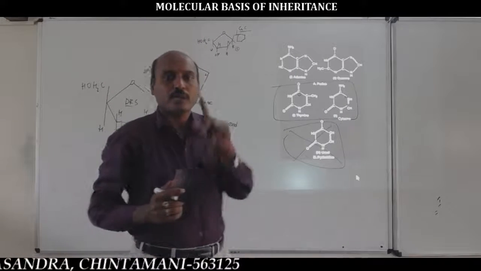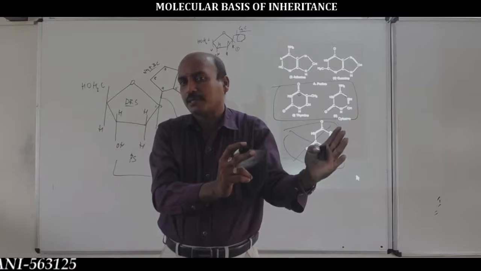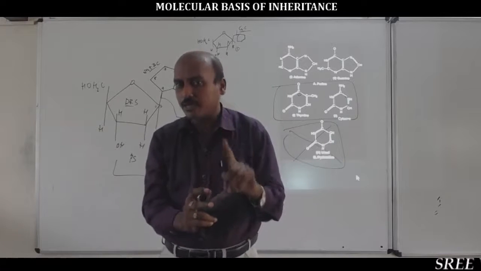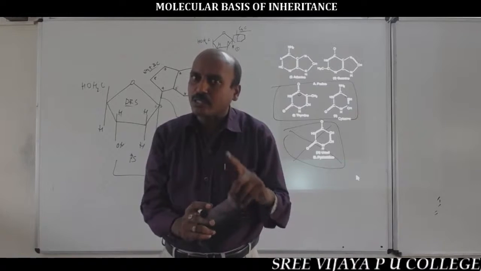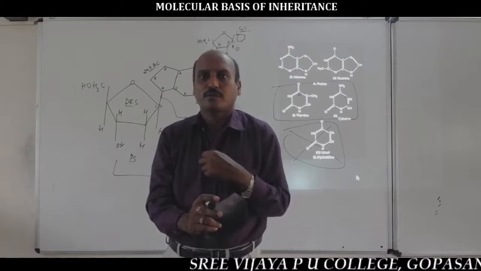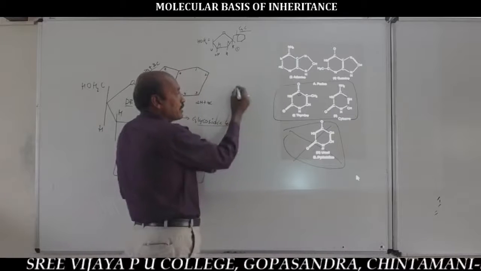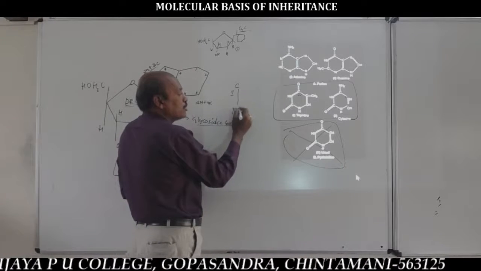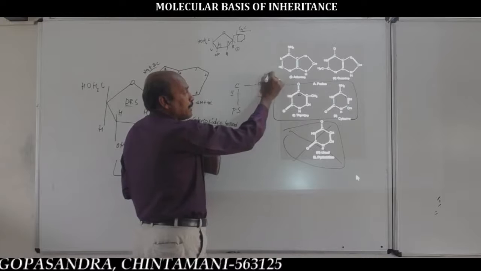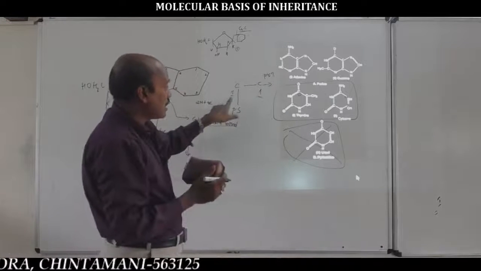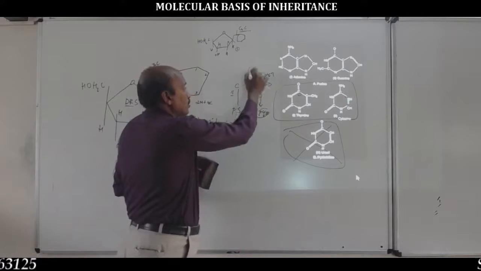So if the DNA nucleoside is a pyrimidine nucleoside, whether thymine or cytosine, remember this statement: the glycosidic bond is established between the first carbon atom of the pentose sugar, deoxyribose, and the first carbon atom of the pyrimidine base.